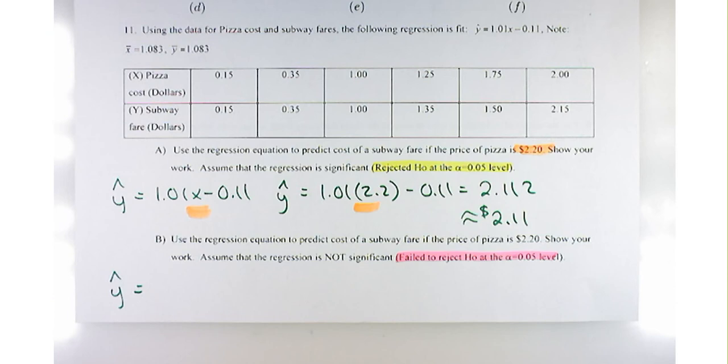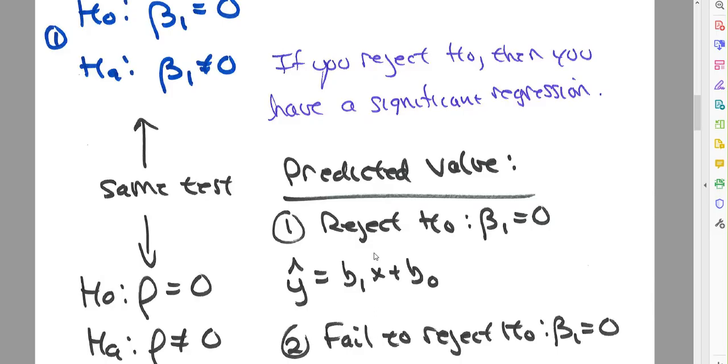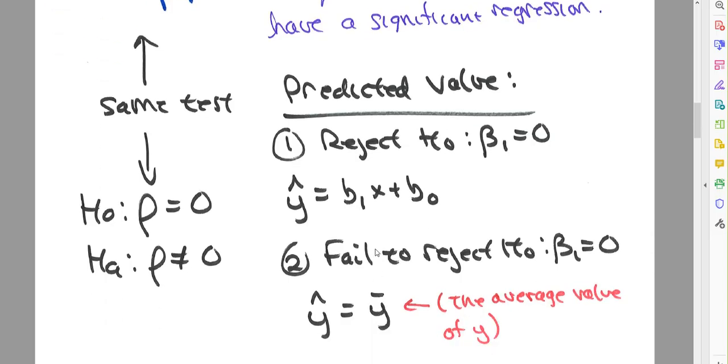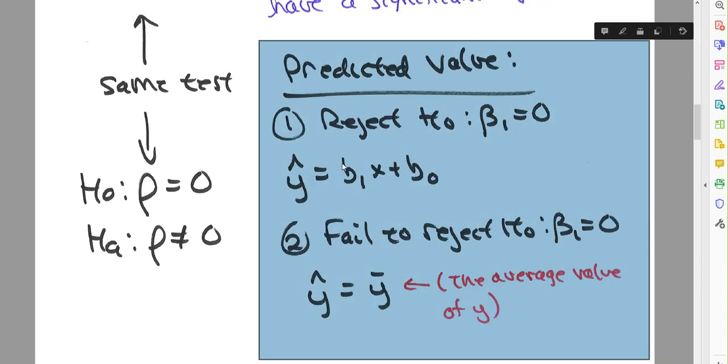Well done. Again, let me look back at the notes we did in class. There are two possibilities for your predicted value. You're either going to use the regression line if you rejected H naught, or you're going to use the average value of y if you fail to reject H naught.